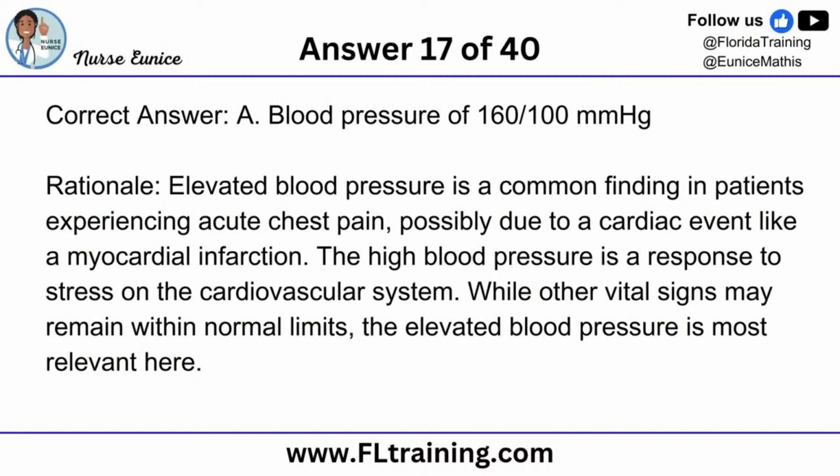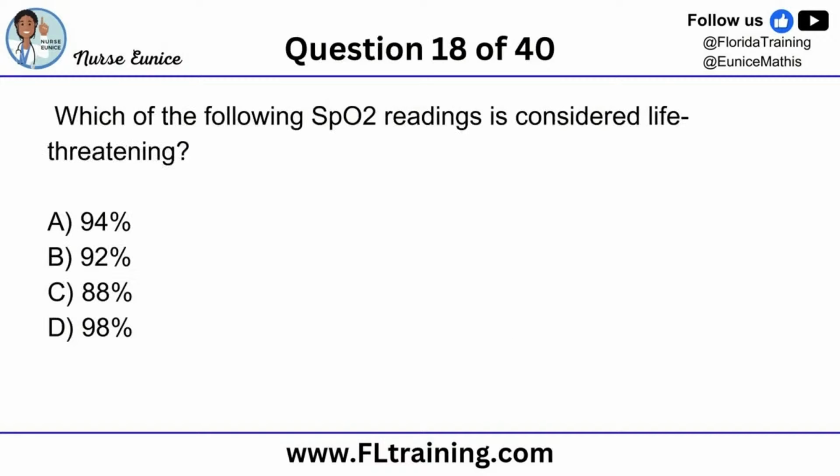The high blood pressure is a response to the stress on the cardiovascular system. While the other vital signs may remain within normal limits, the elevated blood pressure is most relevant here. So patients having cardiac symptoms, chest pain, you're going to get the full set of vital signs, and in most instances, you're going to see that the blood pressure is abnormal.